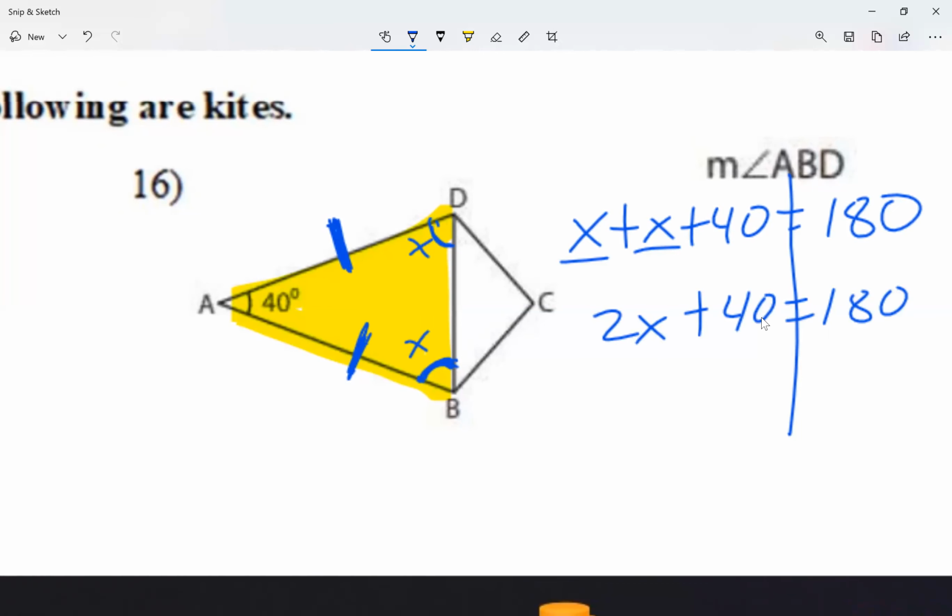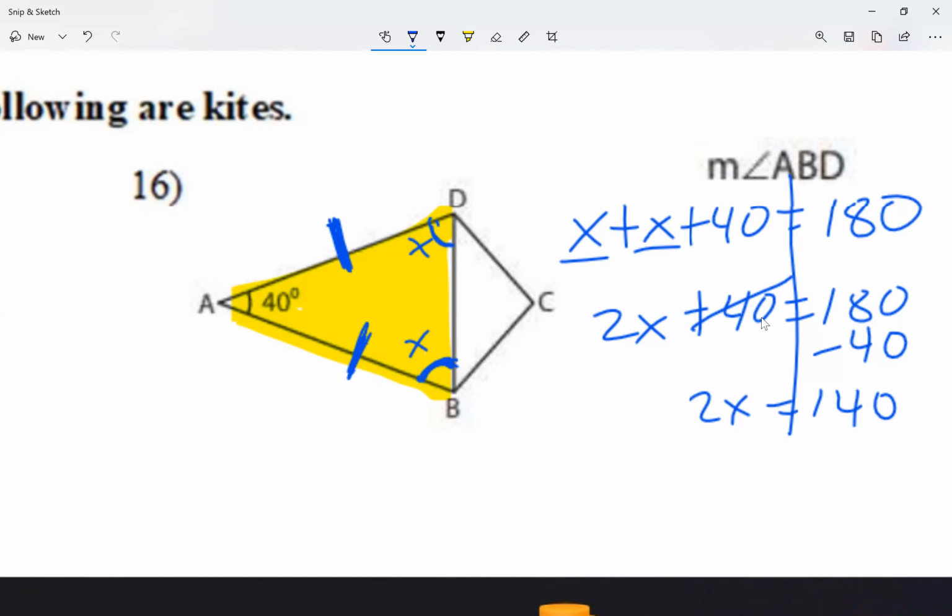I want the 2x by itself, so the plus 40, let me move it over as a minus 40. So I have 2x is equal to 140. Right, 180 minus 40 gave me 140. I want the x by itself, so let me divide everything by 2. So I get that x is equal to 70.